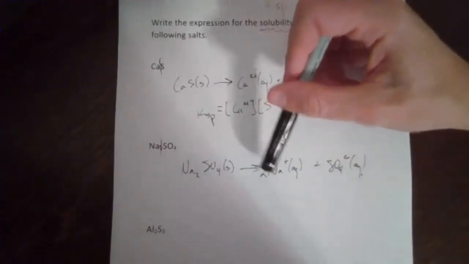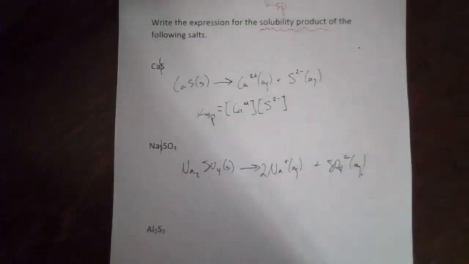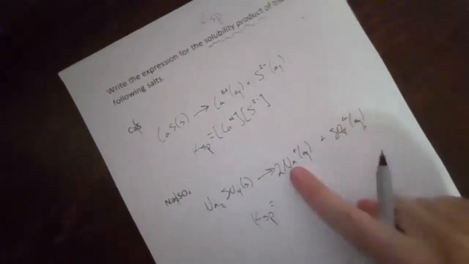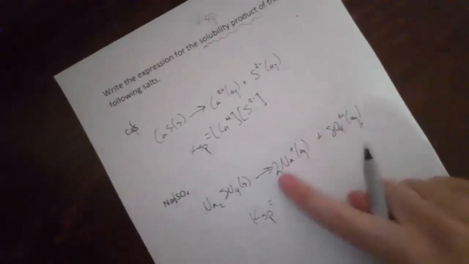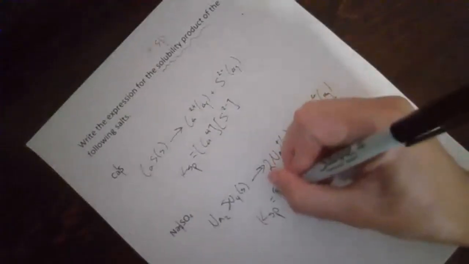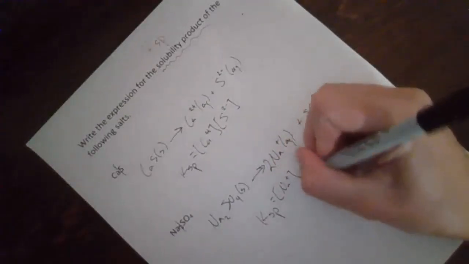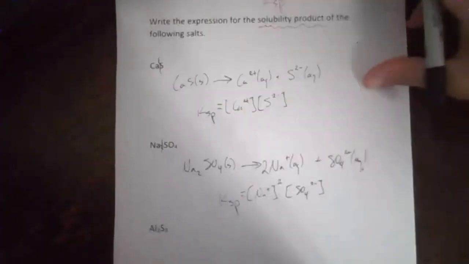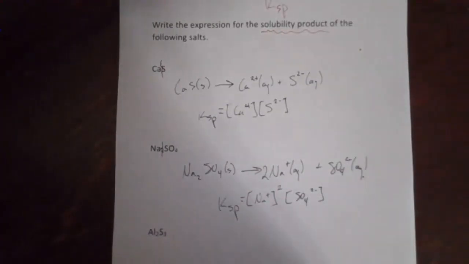So when it dissolves, those 2 sodium cations become independent of each other. KSP is still just going to be the concentrations of the products, but you'll note that coefficient becomes an exponent. So the concentration of sodium is squared times the concentration of sulfate. So still multiplied together, you do just have those exponents coming in.